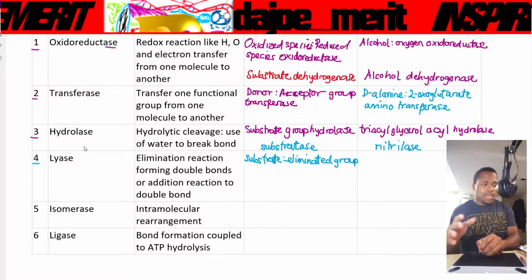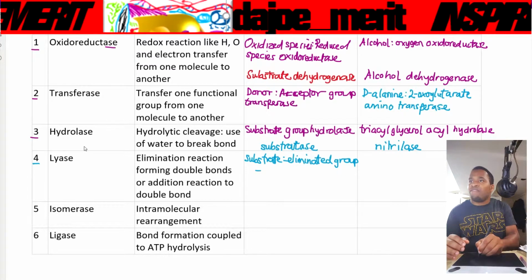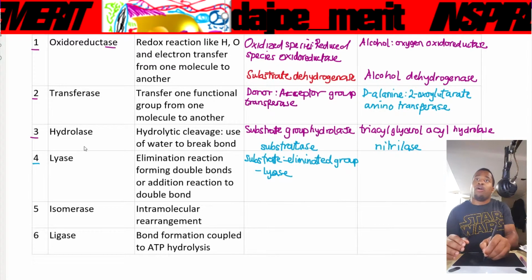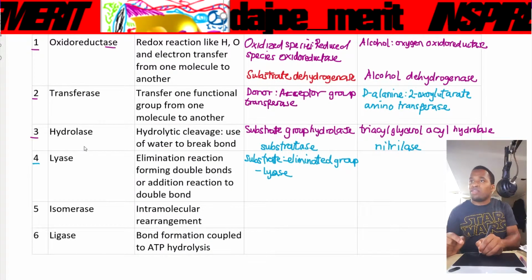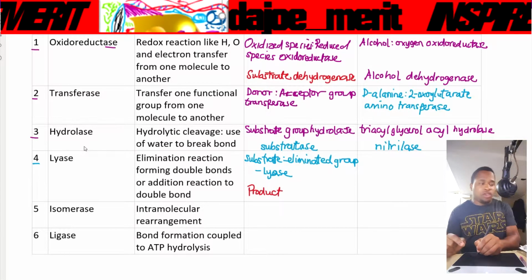And then finally, we put a hyphen and Lyase at the end. Or you can just go with the product name, and then at the end you put synthase.